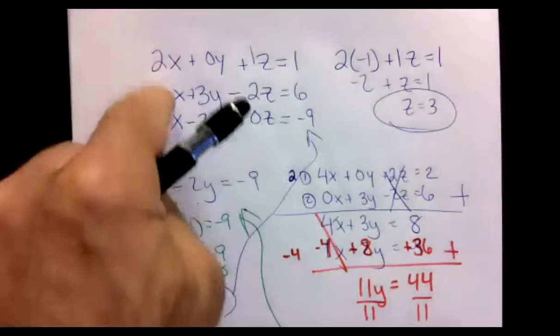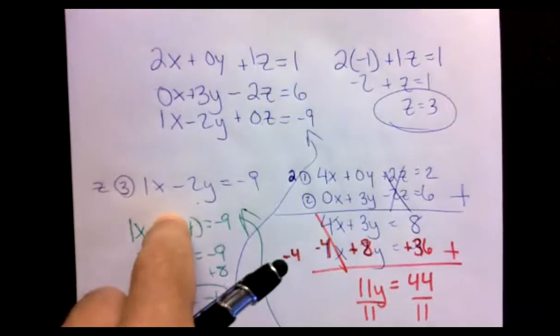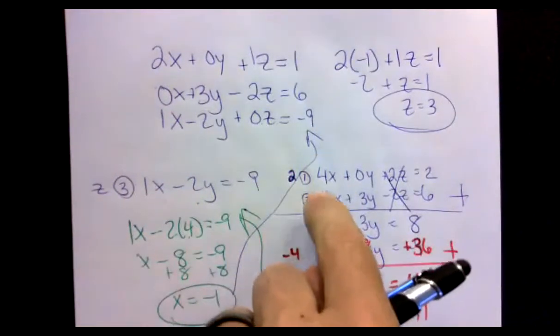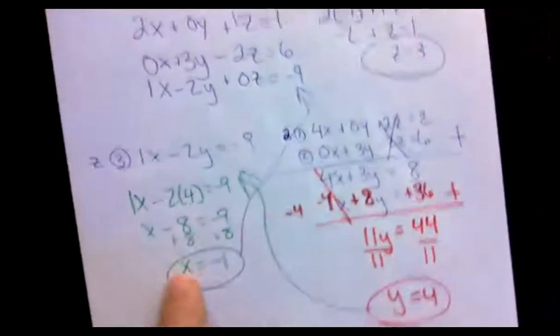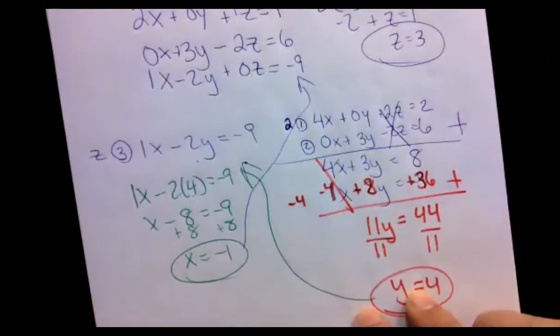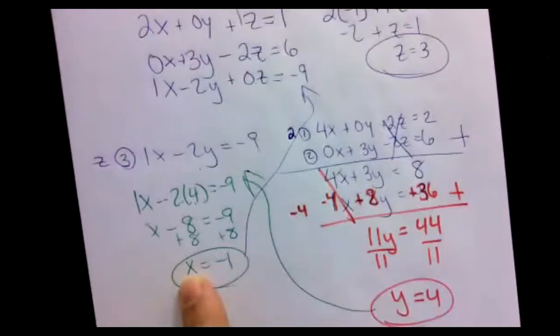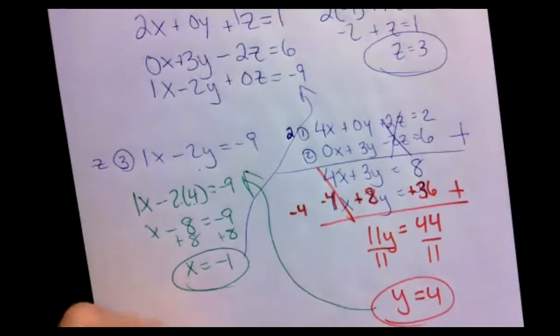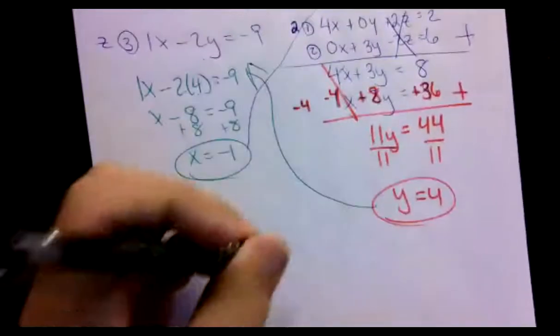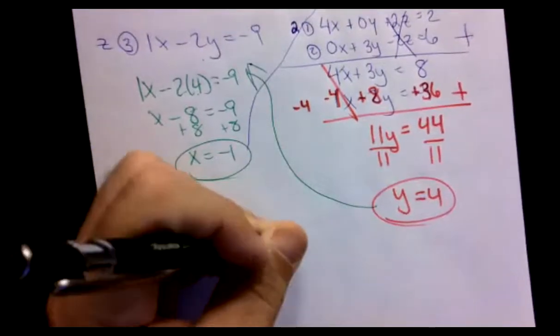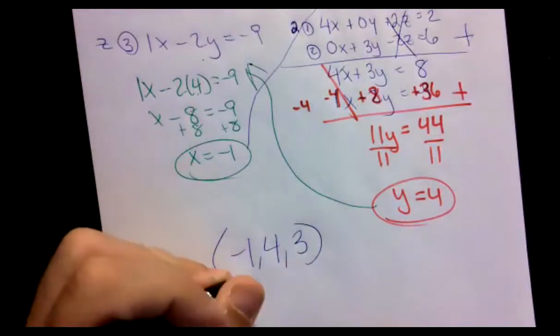So choose two equations, cancel a variable. Choose two different equations, cancel the same variable. Solve your two variable system. Plug back in, plug back in. And again, we need to write our solution as a coordinate. It always goes in alphabetical order.